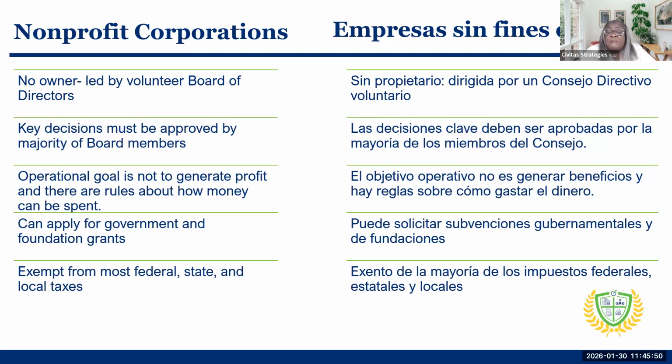Now, the remaining corporation types that we're going to talk about are for profit, and that means that they are owned by people other than corporations and that they are intended to provide a profit for the owners. Now, keep in mind that a sole proprietorship would also be considered a for profit organization.